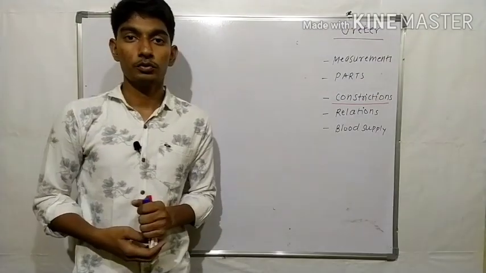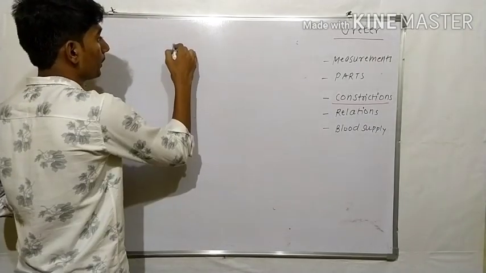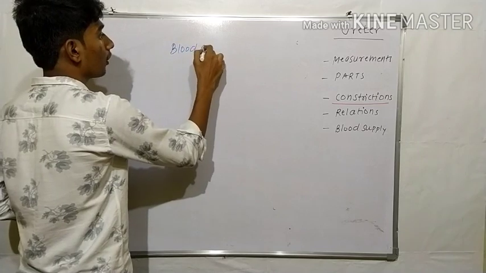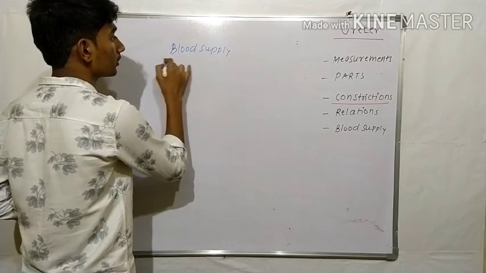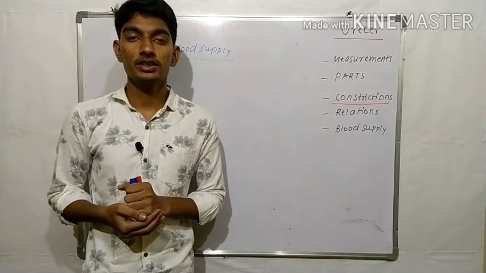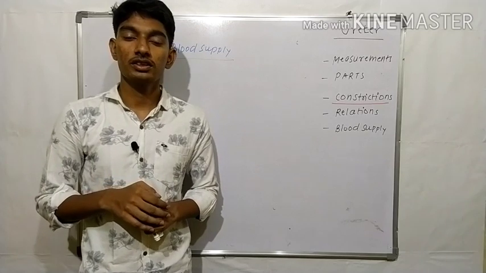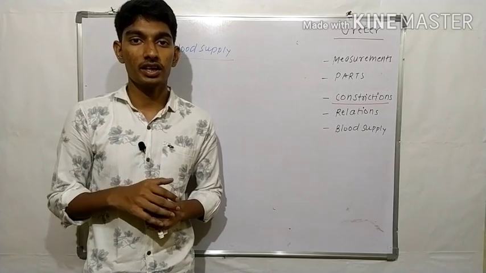Clear? Now, blood supply. The blood supply of ureter is not by a single artery. As ureter is a longitudinal structure, it is supplied by various arteries.